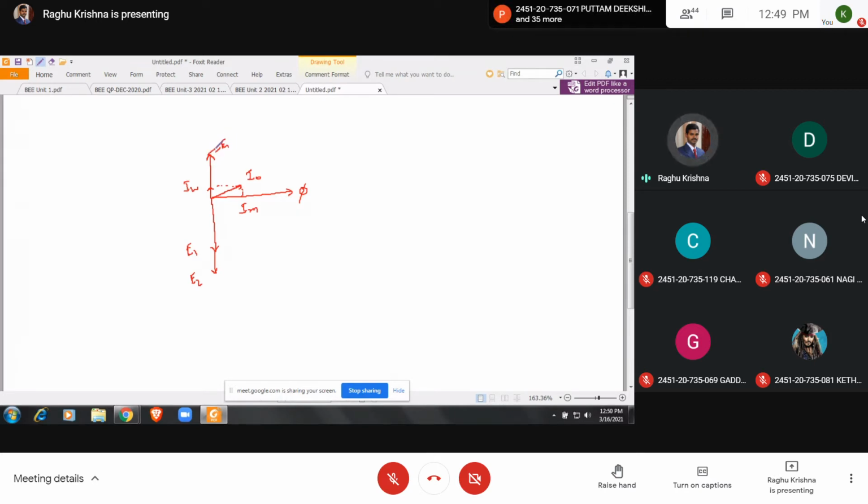This is the voltage drop due to resistance. This is the voltage drop due to leakage flux. This is V1. So here this is the no load phasor diagram of a practical transformer.